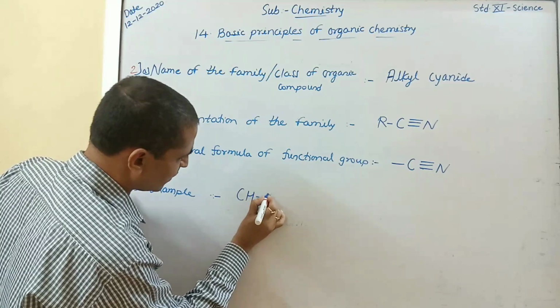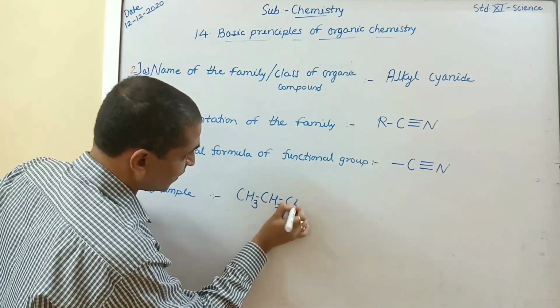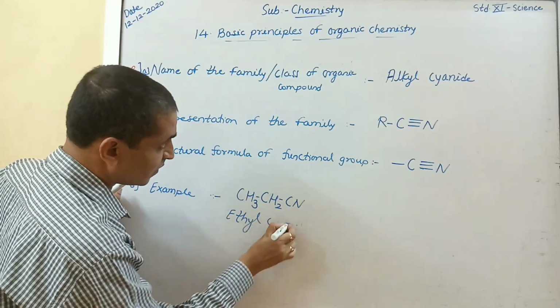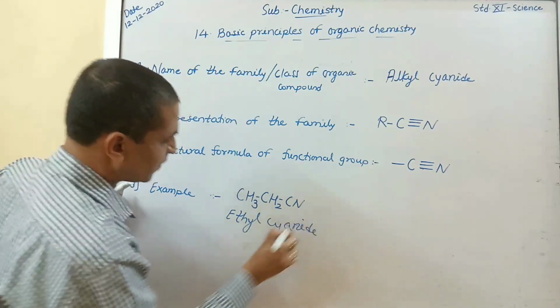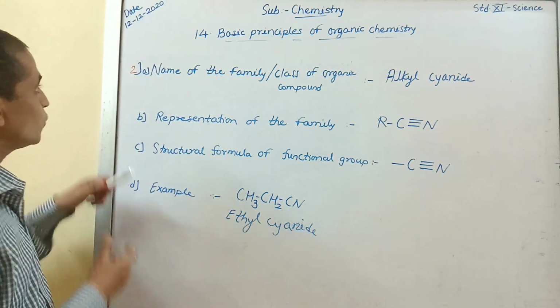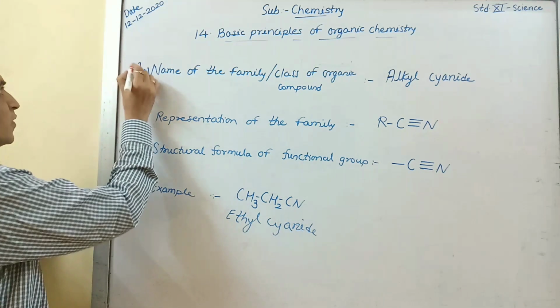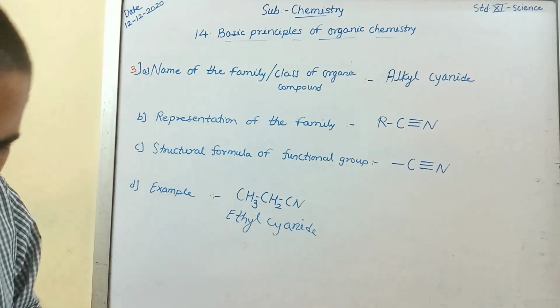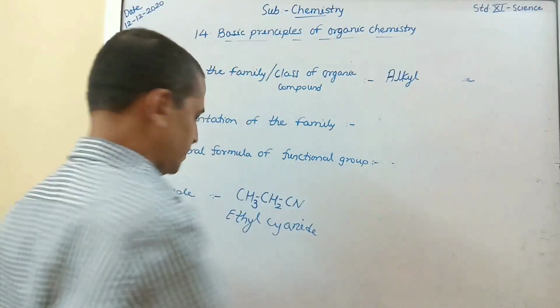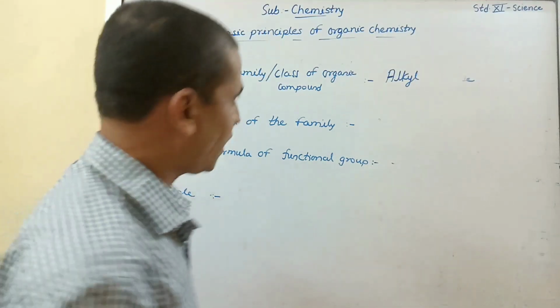Now see the example. CH3CH2CN. Its name is ethyl cyanide. Now come to the third, alkyl isocyanide.